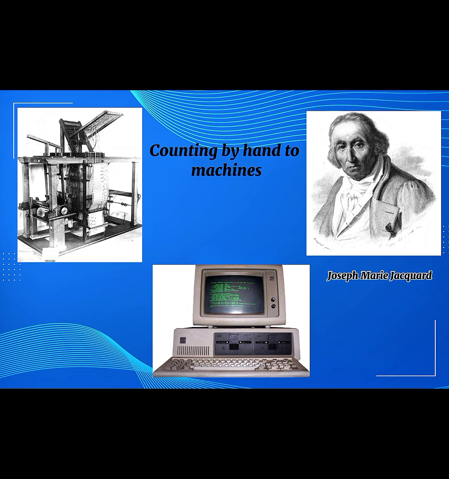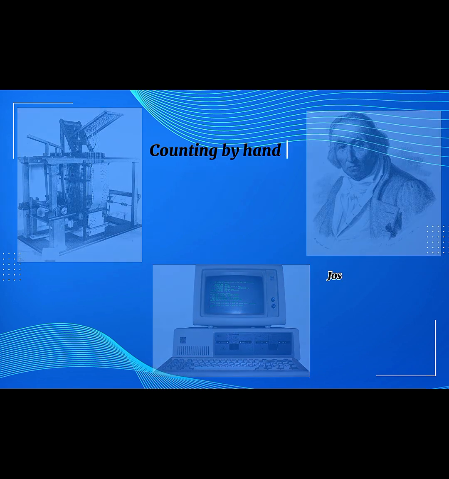Between the early 1800s and the 1960s, computing technology evolved gradually, culminating in personal computers like the Apple II in 1977 and IBM's PC in 1981. These advances made the powerful computing we use for communication today possible.